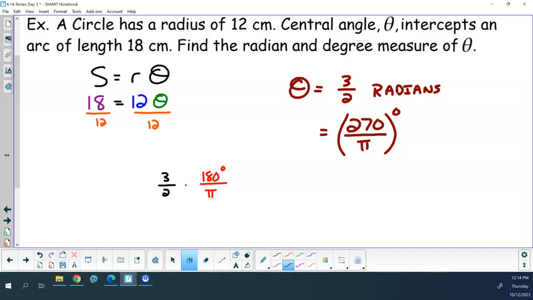If we're decimal approximating it, it's probably going to be less than 90. What do we got? 85.944.